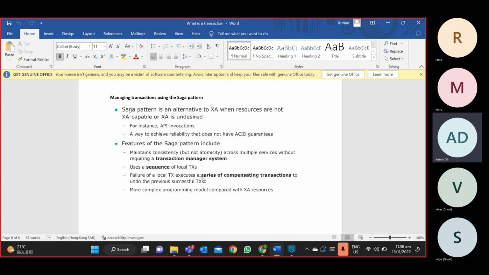In that case, that record should not remain in Salesforce either. Unless all transactions are completed, we expect all previous transactions to be reverted. So in that case, we need to handle those things manually. For this, we have the saga pattern.